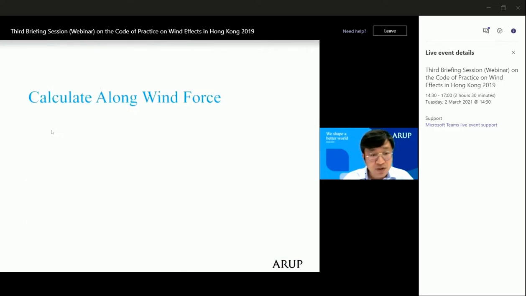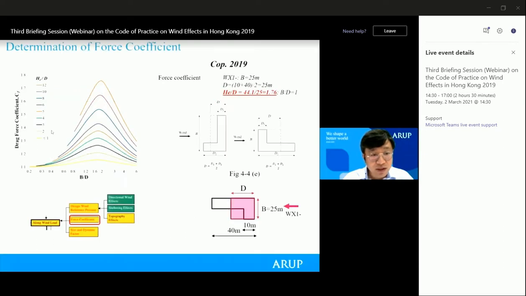After the reference wind pressure is ready, we can go further for the calculation of the along-wind force. Within this, we need to further identify the force coefficient. The force coefficient is related to the geometry of the tower and also related to whether the shielding effect is taken. For this, we have wind blowing from the x1 minus direction.